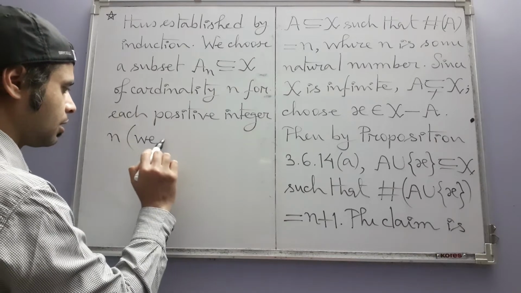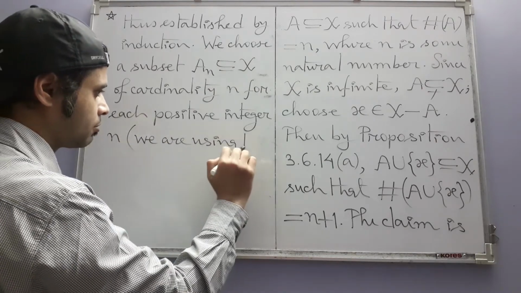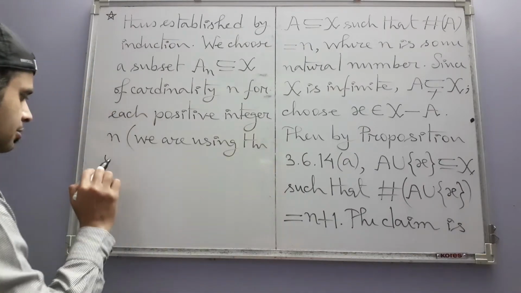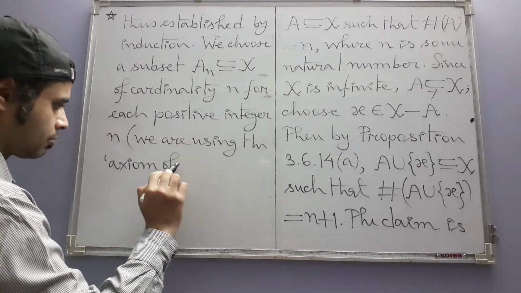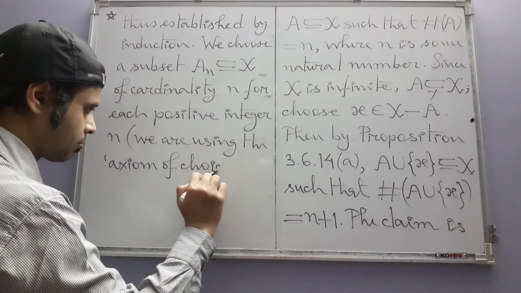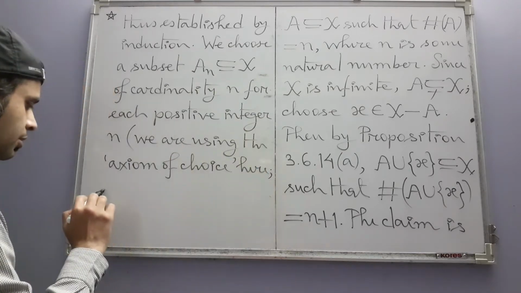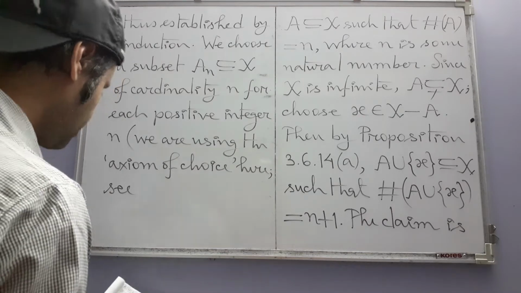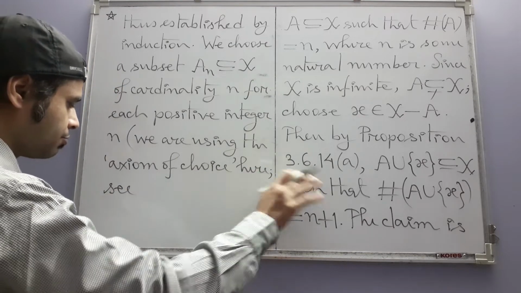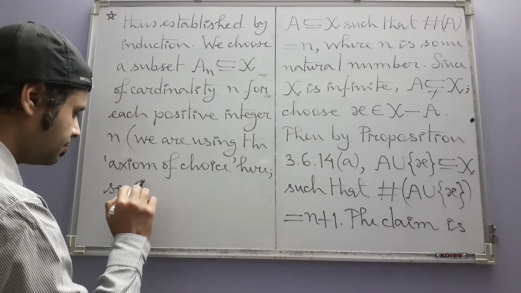We are using the axiom of choice here, for which we will see the details in the 4th section of this chapter itself, but we have to wait.